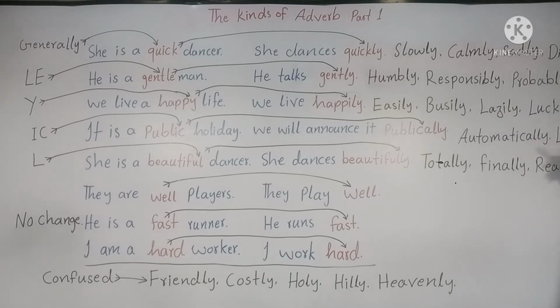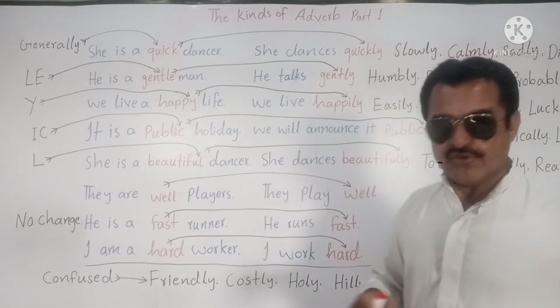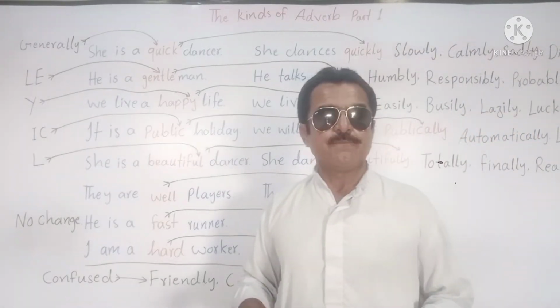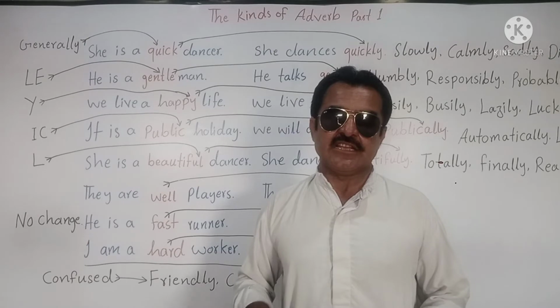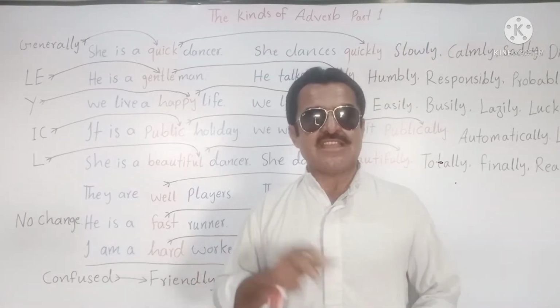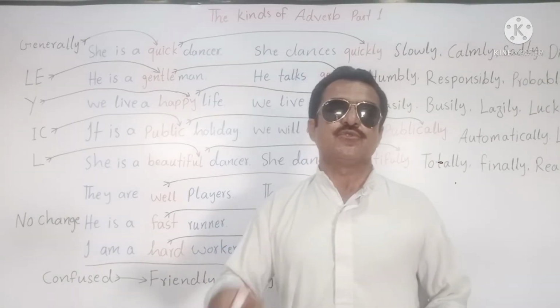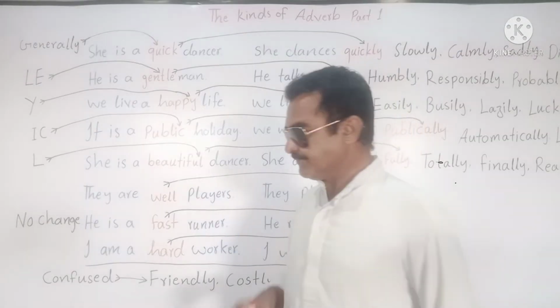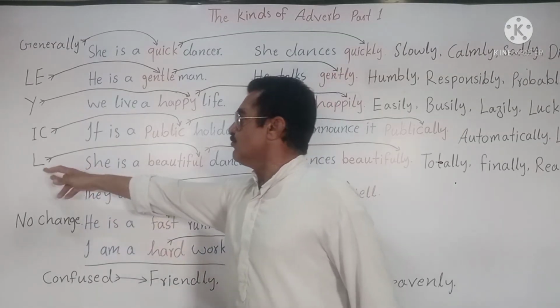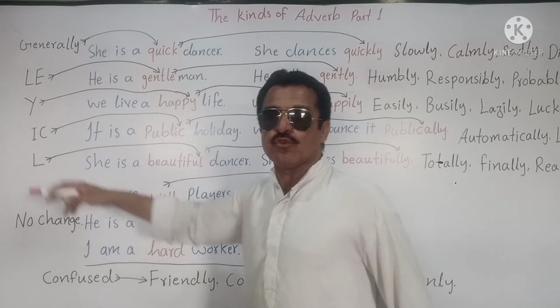From automatic to automatically, from logic to logically. Two other words for you: from economic to economically, from magic to magically, from scientific to scientifically.